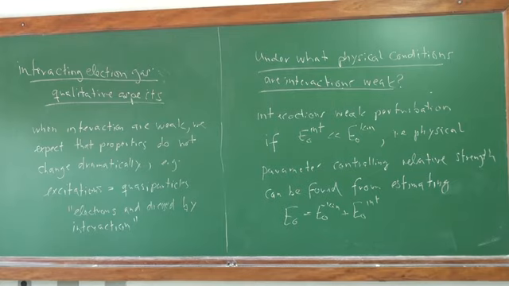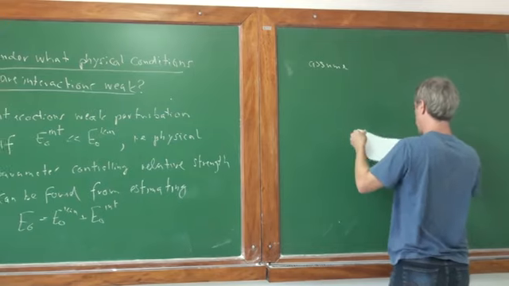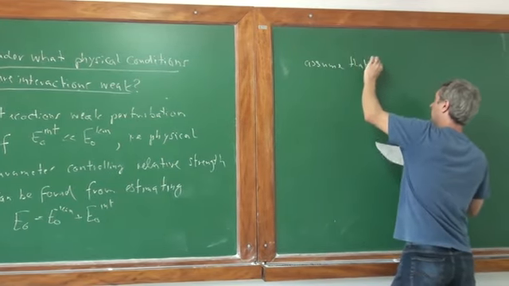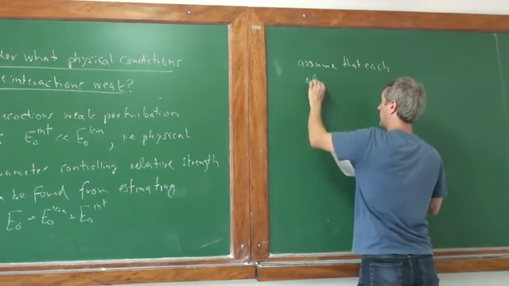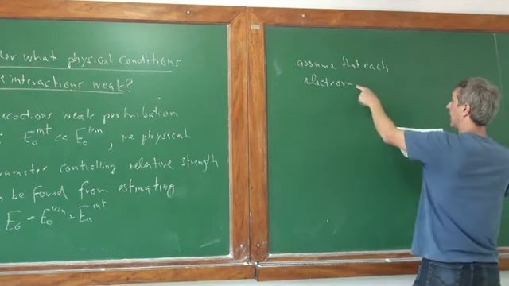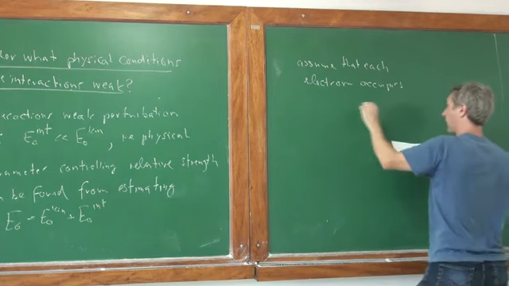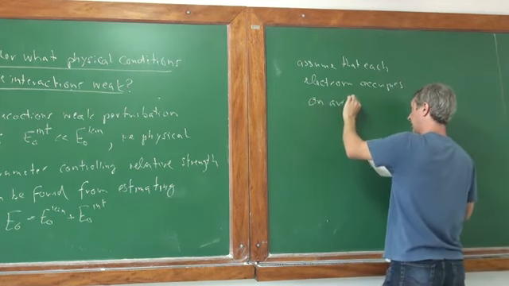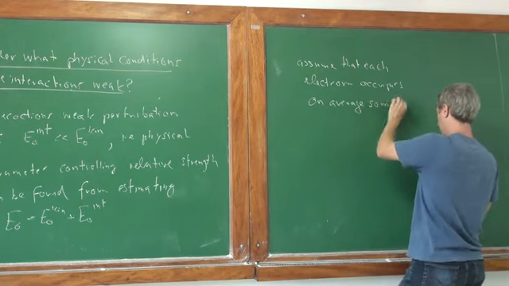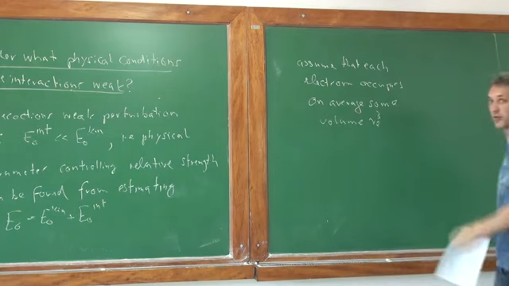So let's just make some very simple estimate, if we want to compare these two contributions. Let's assume that each electron in the metal occupies on average some volume fixed by some radius r0. Okay, three-dimensional.